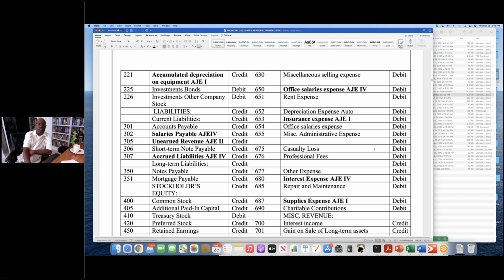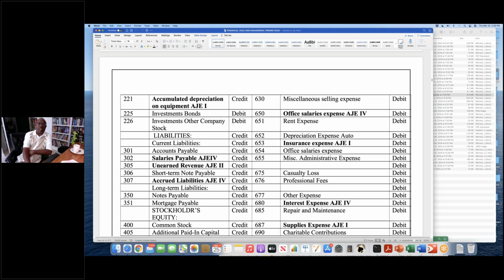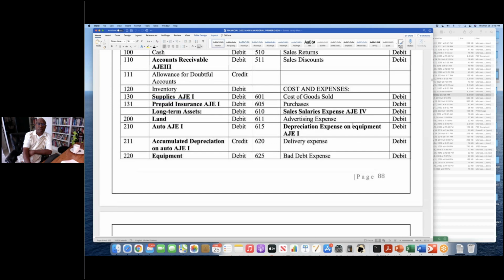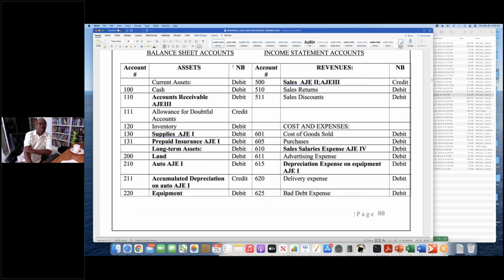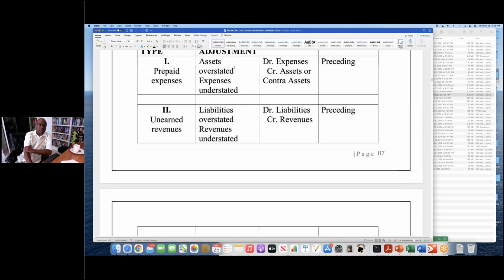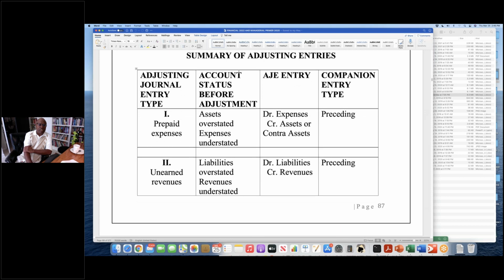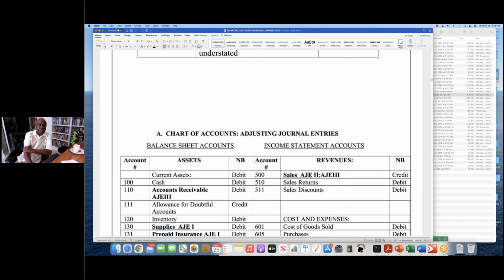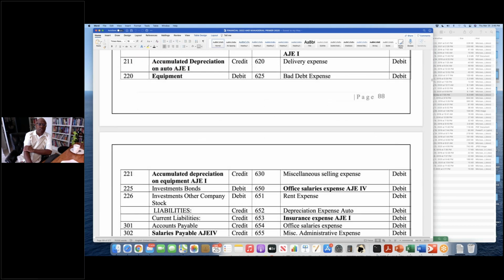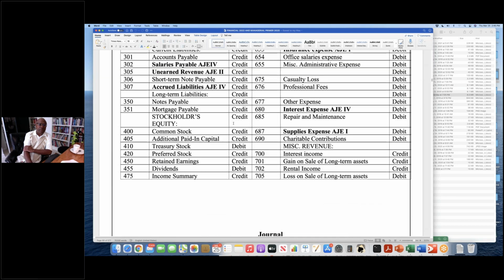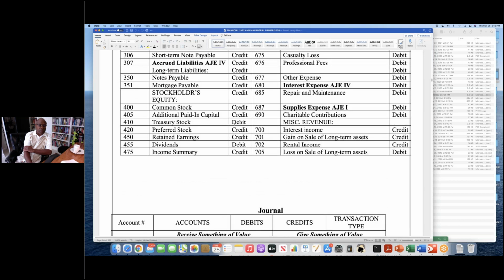And then I'm showing you the expenses involved: interest expense, office salary expense, sales salary expense. So what this chart does is it maps the types of adjusting entries to the actual accounts that will be in the journal entries. So that's what this lays out. Okay.